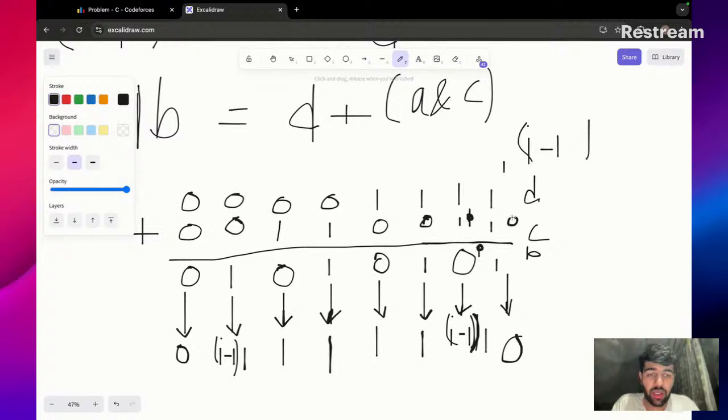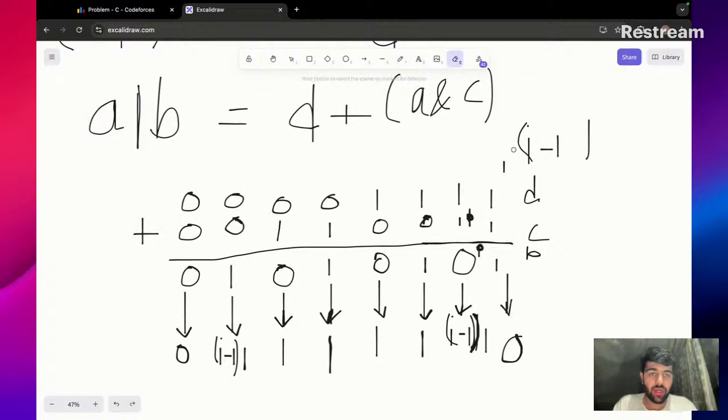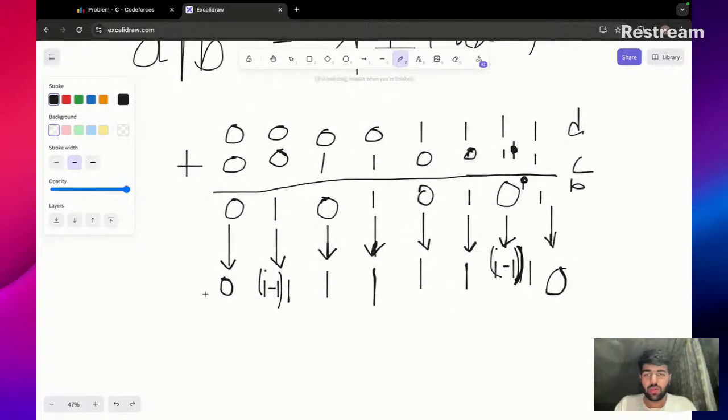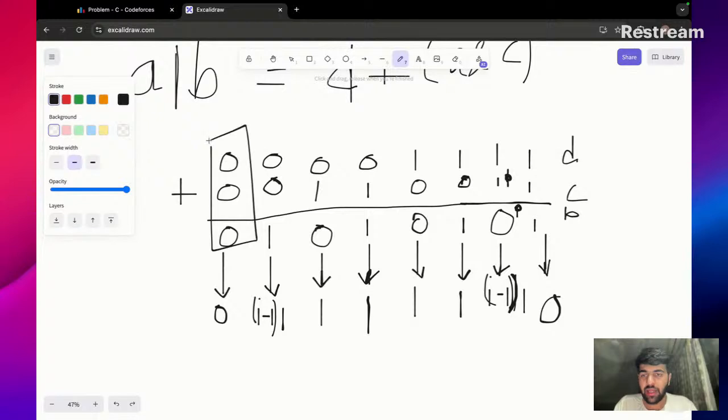But if I put a 0 in here, then I can definitely make this a 0. Why? Because I'll have a 0 here, and 1 plus 0 is always equal to 1.